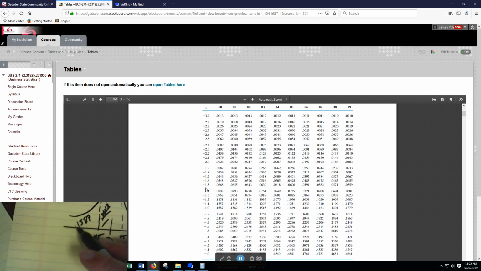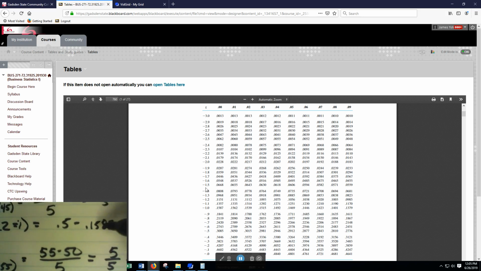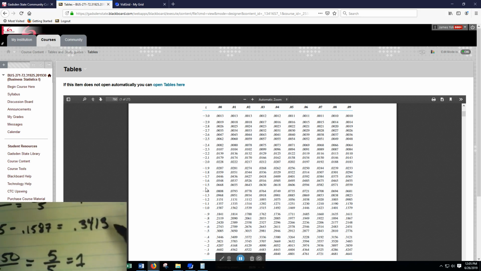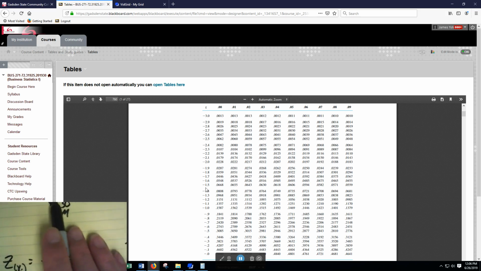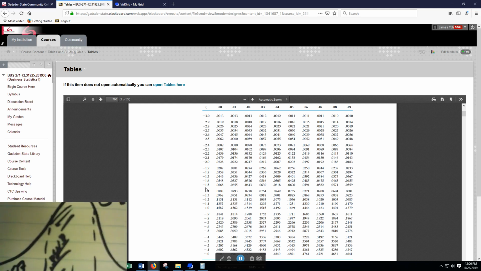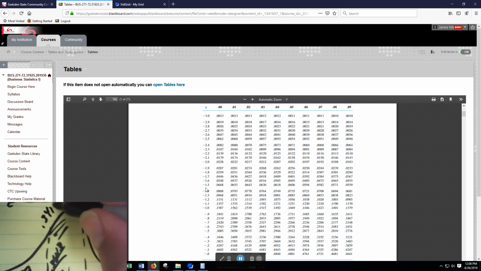So I'm going to subtract 0.1587 from 0.5, and that gives me 0.3413. So the probability between 45 and the mean, 50, is 0.3413.